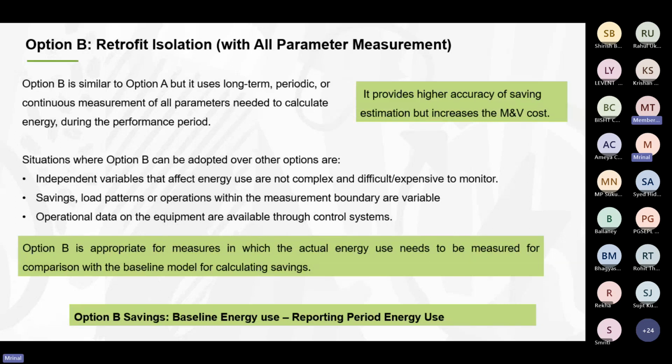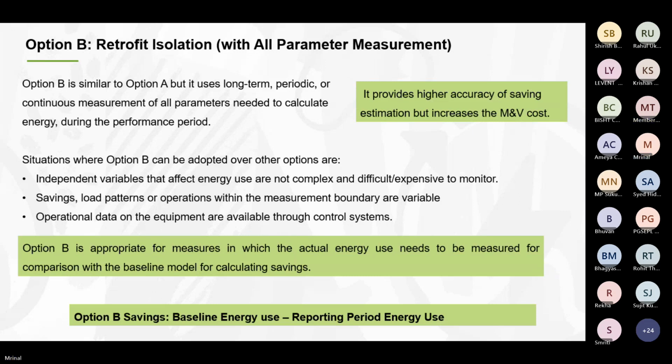In option B, the M&V cost will be higher than option A. So the cases where option B is applicable compared to other options are where independent variables that affect energy use are not so complex and expensive to monitor.